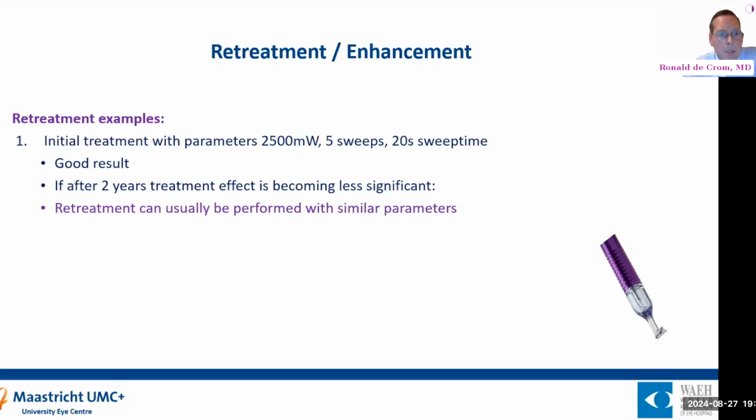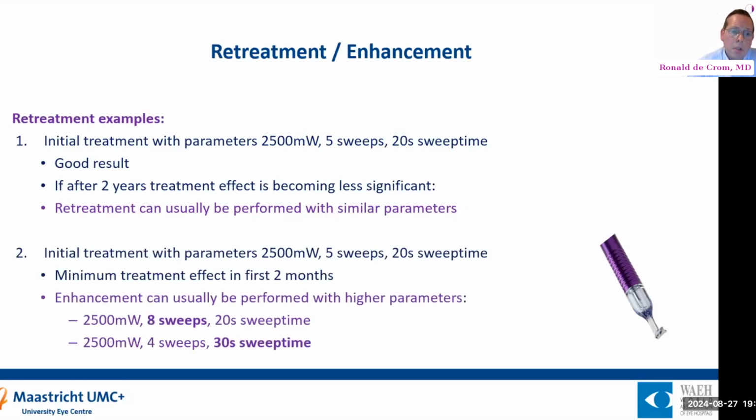But sometimes the effect becomes a little bit less significant after a couple of years. If this is the case, retreatment can be performed using the same parameters as the first treatment. And most of the time you can get some good results after a second treatment.